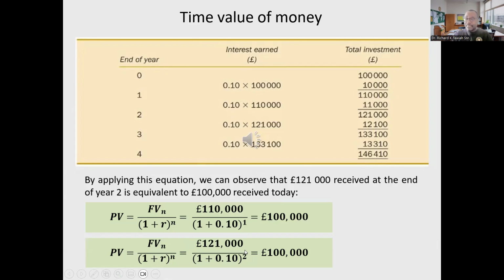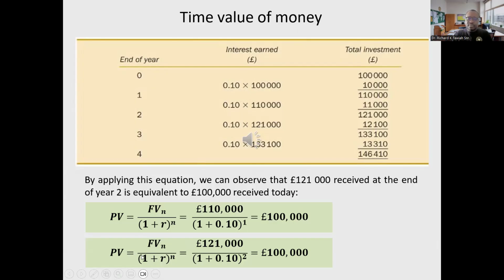You can also work this whole long process in one simple step by using the future value formula. Future value is simply present value times 1 plus the rate to the power n. So this 1 plus r to the power n multiplied by the present value, that's it, and you get a future value.